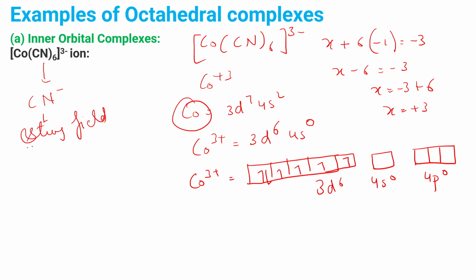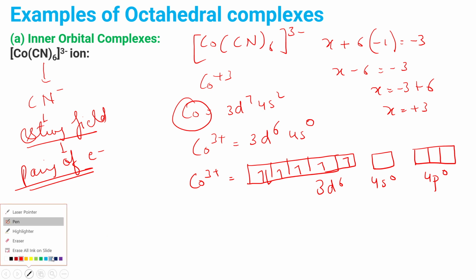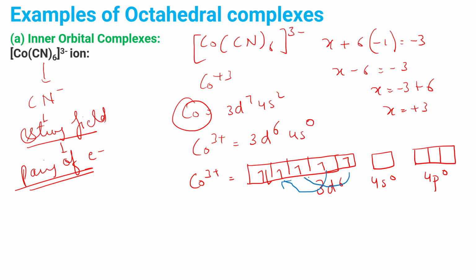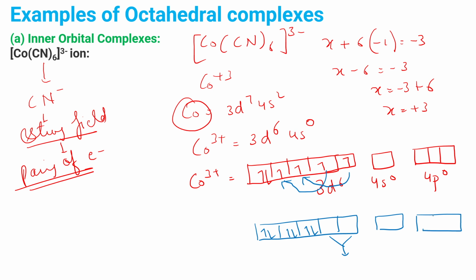What will a strong field ligand do? That will cause pairing of electrons. So when pairing of electrons occurs, these electrons present in the outer d orbitals will be shifted into the inner d orbitals, and hence the overall electronic configuration will be like this: the 6 electrons will be paired in this fashion, 2 d orbitals will be vacant, s and p.